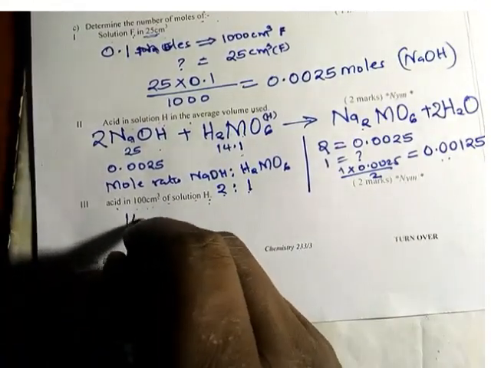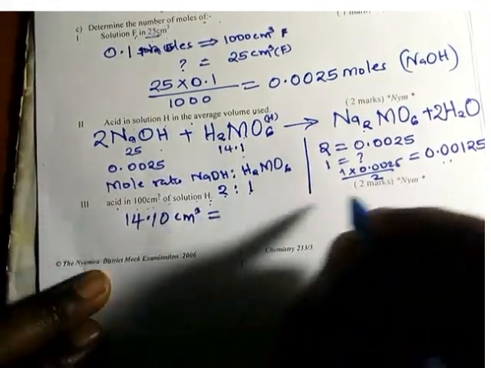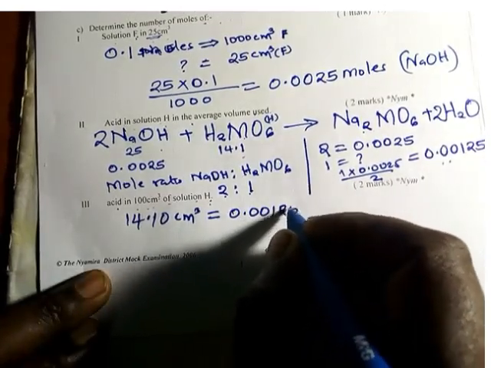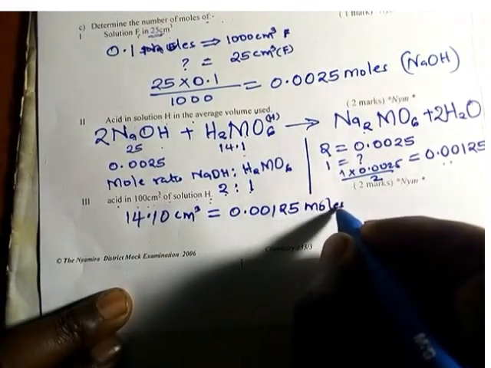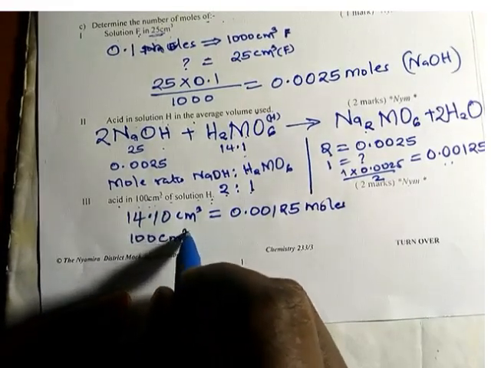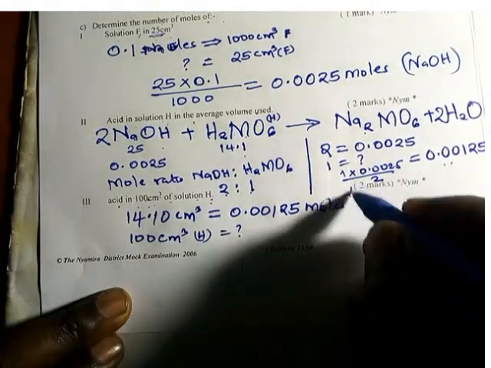So 14.10 centimeters cube contains 0.00125 moles. We will simply ask what would be in 100 centimeters cube. H will contain what?